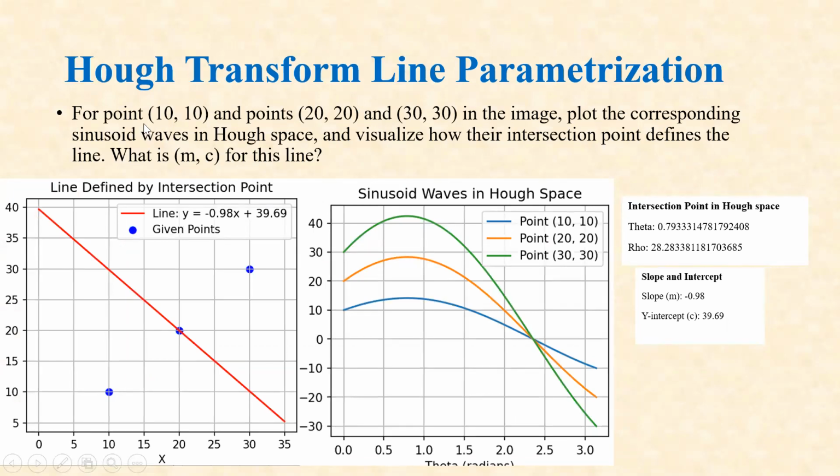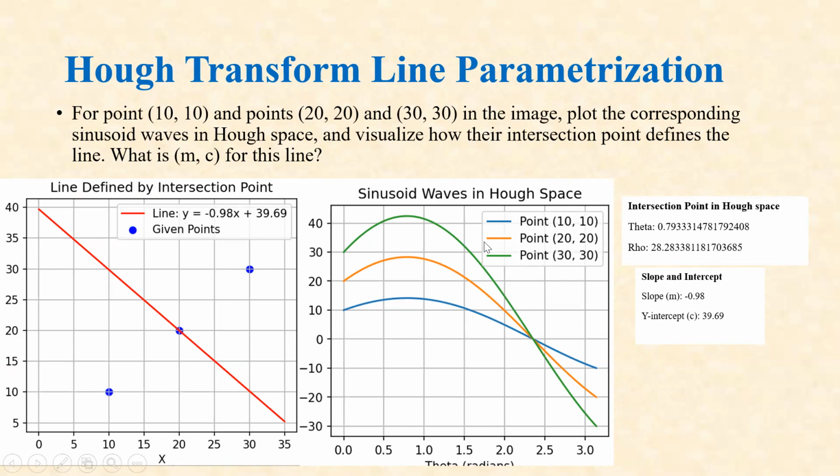Now, this question here was about plotting points such that we generate the sinusoid curves. So these are the points 10, 10, 20, 20, and 30, 30. So these are their constituent sinusoid curves in the Hough transform space.